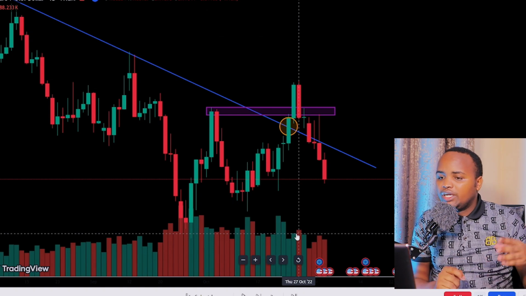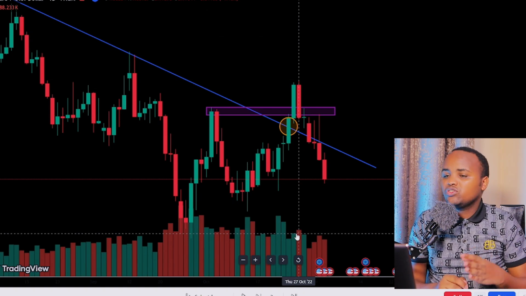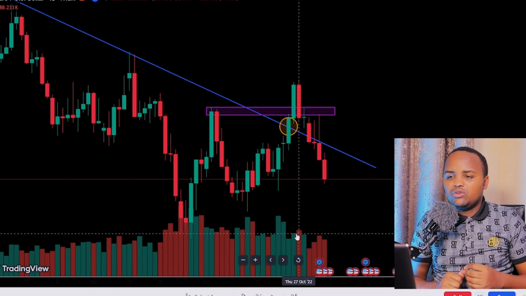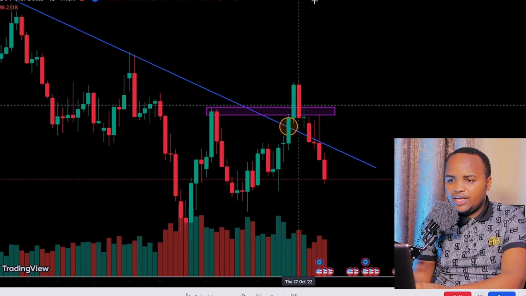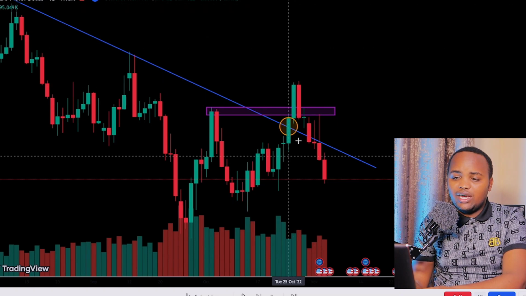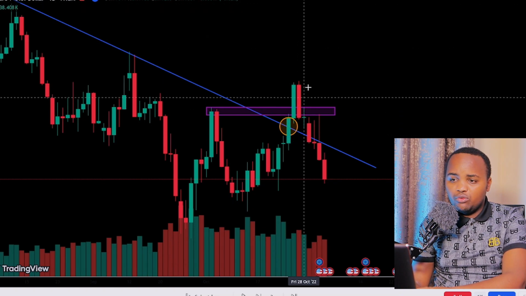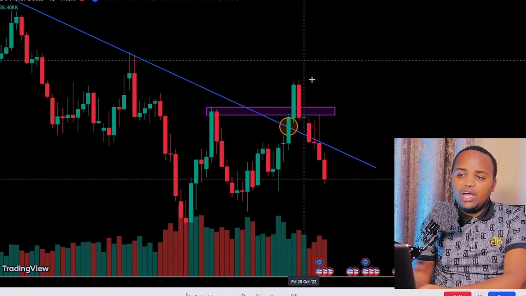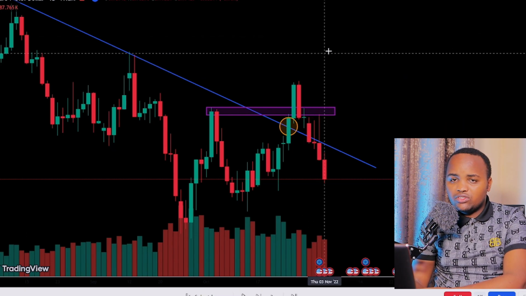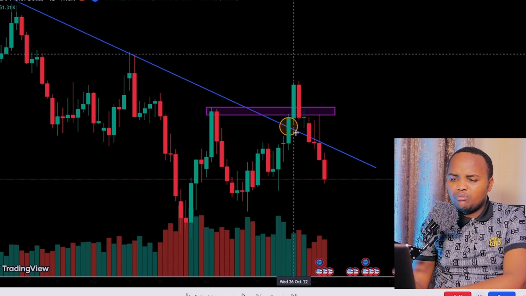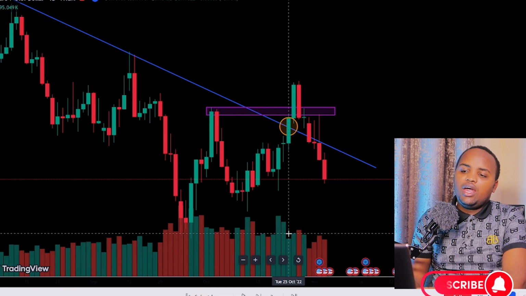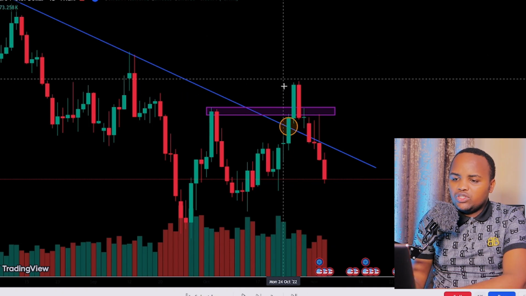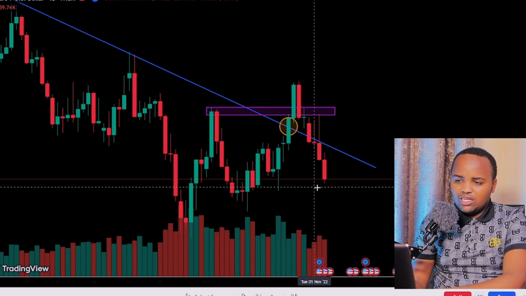Sometimes you can get the volume increasing so very much, and sometimes you can even get a gap that can happen across this area, maybe from the weekend, and you wake up on Monday morning and you realize the market opens across this area, forming a very big gap. This means people put a lot of volume and actually enter into the market, and that is what we just see. The volume is not that big, so this is just a trick that you actually have to know.